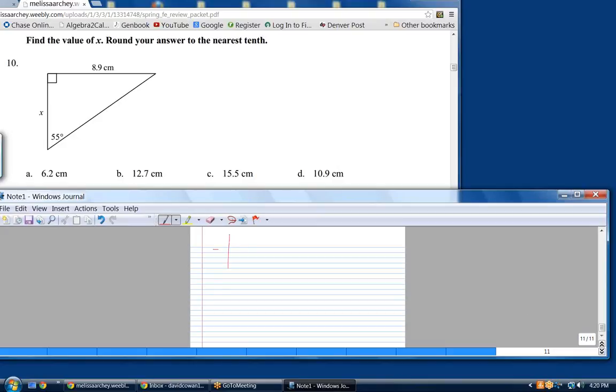So it would be tan of 55 equals 8.9 over x. Okay, now solve this for me. Be careful. Before doing any calculations at all, solve this equation for x.